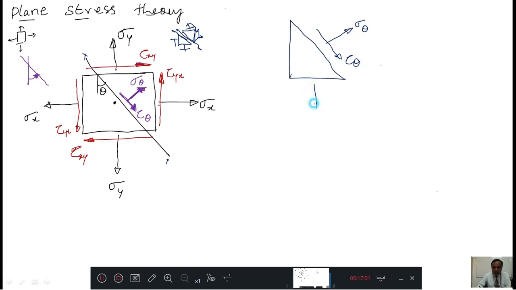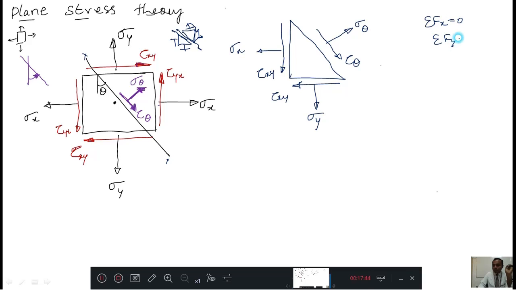And here you already know this is sigma x, sigma y, and this is sigma x, and this one is tau xy, and this one, actually this is tau yx, but tau yx equals tau xy, therefore I will call this also tau xy. Right? Okay.